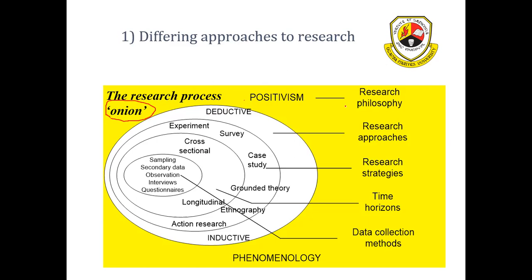You start by identifying your research philosophy. We have two diverse research philosophies, the positivist approach and phenomenology. Two completely differing. Then there is an in-between there. We shall also look at it. Your research philosophy guides you on your approach.